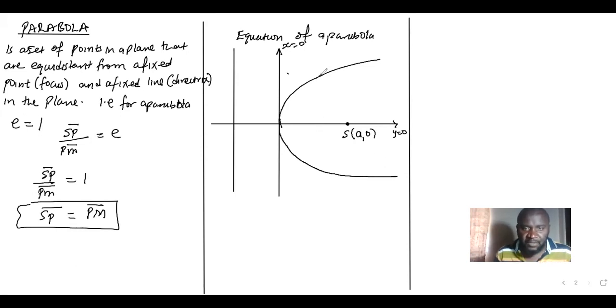Then our variable point on the parabola P, which describes the parabola, is here x, y. Then the distance from P to the focus S, that distance should be the same distance from there to what? To the directrix.